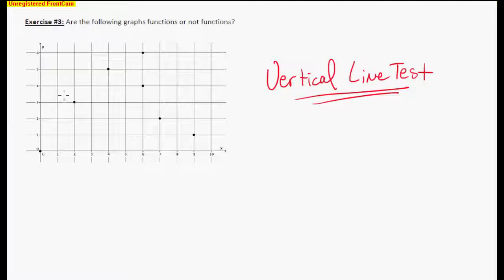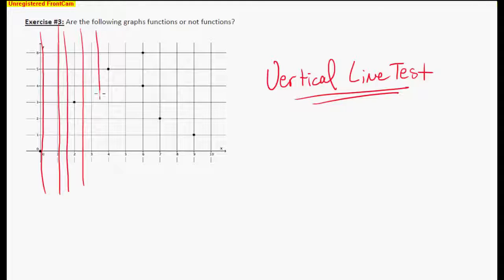Here's all you do. You imagine putting as many vertical lines on this graph as possible. So I could put a vertical line right down the y-axis like that, and I could put a vertical line right down here, and one right down there.